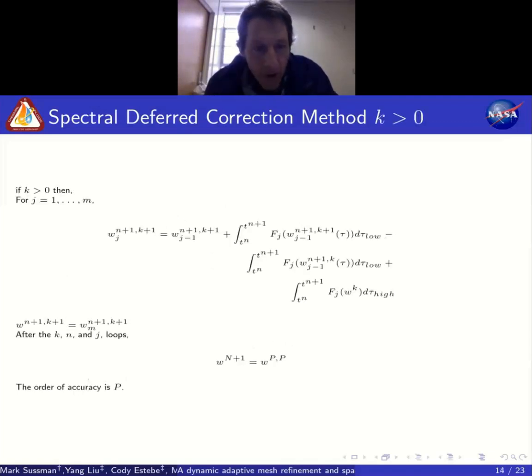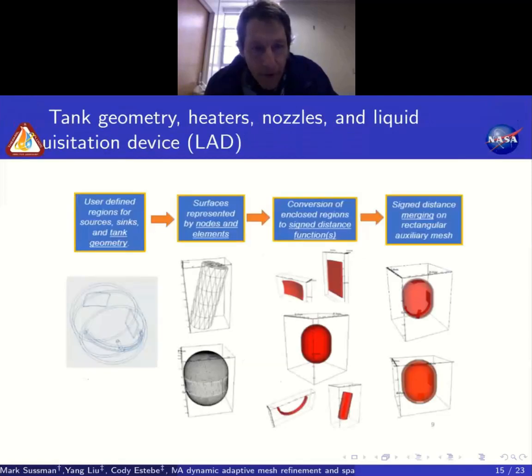Okay, so in order to simulate the tank, we developed a means to assimilate the geometry into our code. We have this adaptive mesh refinement code. We can do H refinement. We can do P refinement.